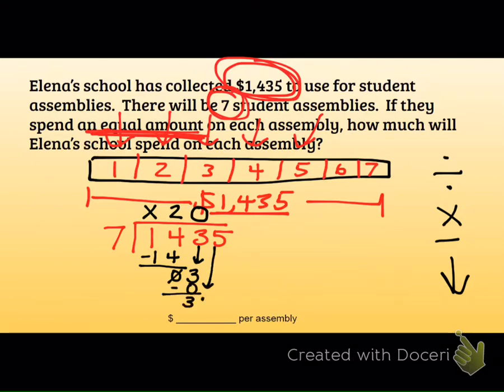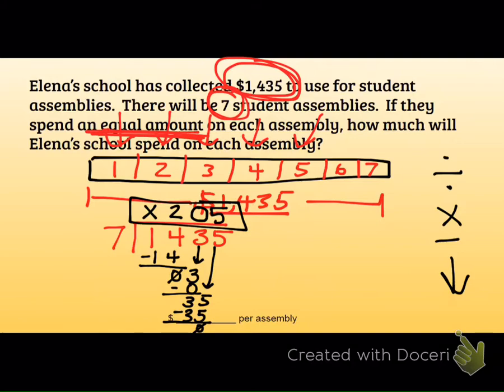Bring down my 5. 7 goes into 35 5 times. We multiply 7 times 5. We get 35. We subtract and we get 0. Just barely have enough room there. So my quotient is 205.